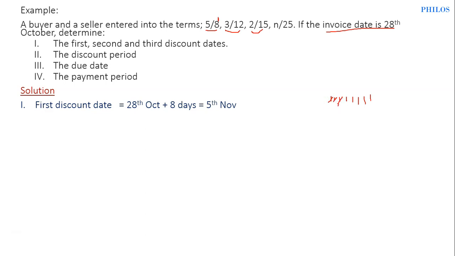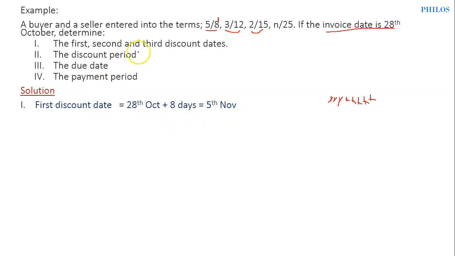We know October is 31 days. So when October ends, then you start your counting again. 1st November, 2nd November, 3rd November, 4th November, and 5th November. You see that you get the answer. It doesn't matter, you can adopt your primary school system to do that, okay. So the first discount date is 5th November, okay.